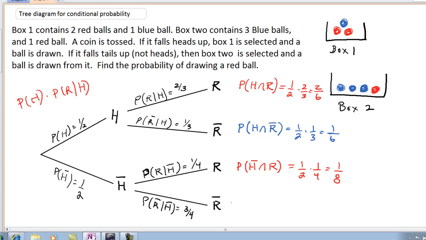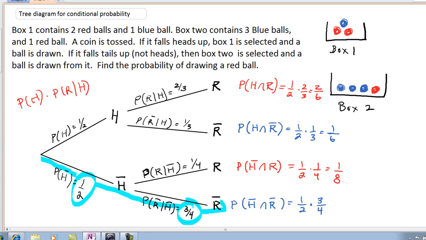To find the probability of tails and blue, we do 1/2 times 3/4. Basically just taking the probabilities along the path that begins here and continues to this outcome. Okay? And the answer there is 3/8.